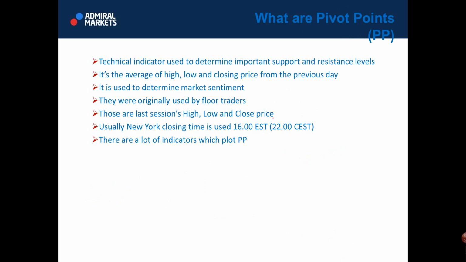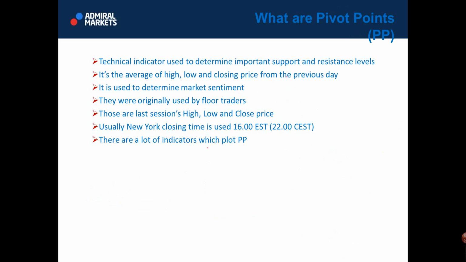I always advise using pivot points in confluence, because if pivot points are made in confluence with other useful price action tools, they can give you nice zones for either a bounce or a drop.